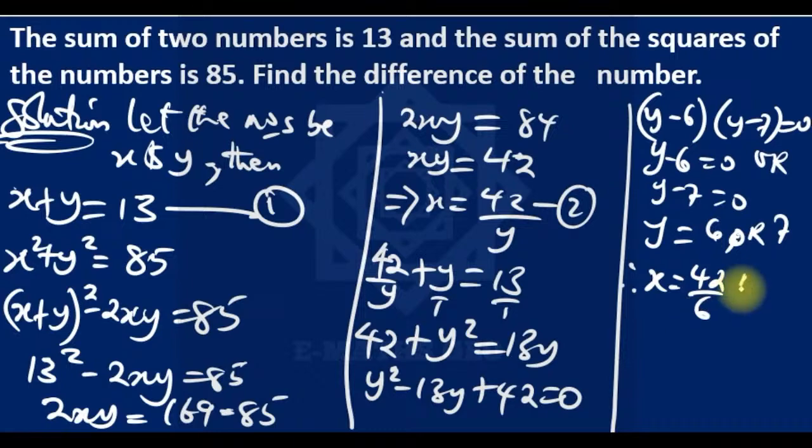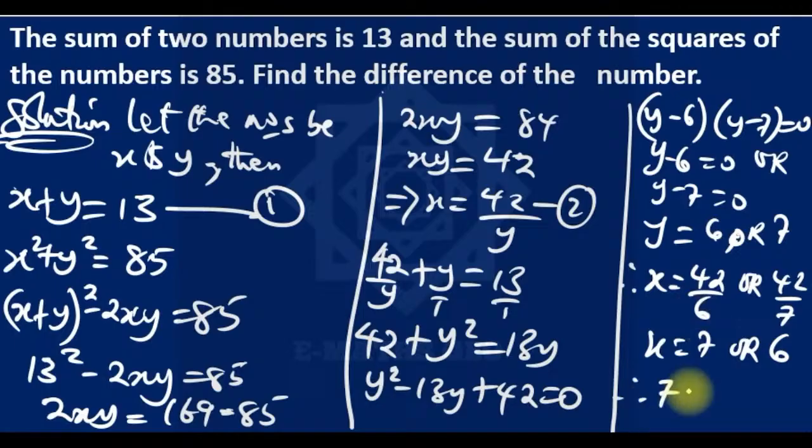When y is 7, x is 42 over 7. So x is either 7 or 6. But we have to find the difference. So when x is 7, y is 6, therefore the difference is 7 minus 6, which is 1. So anyone could solve. So thank you.